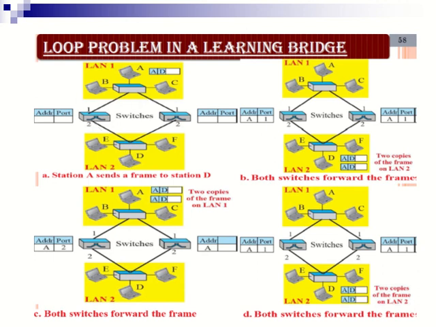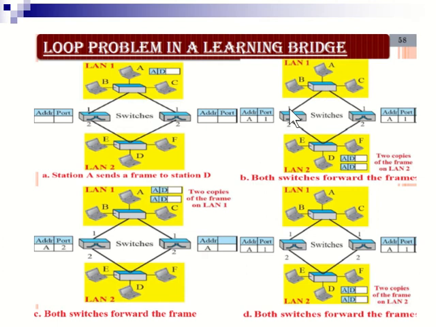Let us take station A wanting to send a frame to station D. Initially, the tables of both the switches are empty. So both of the switches will forward the frame and update their tables based on the source address.